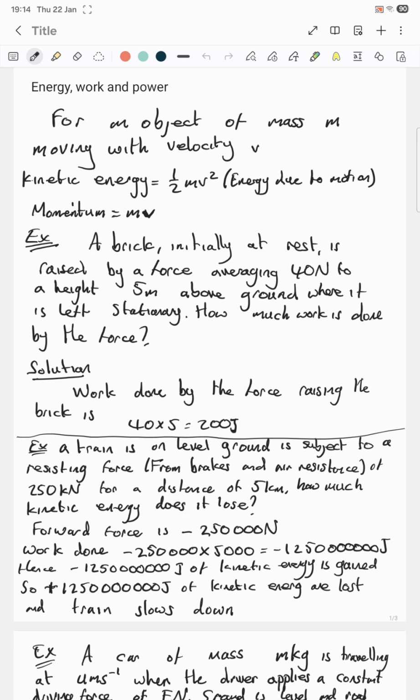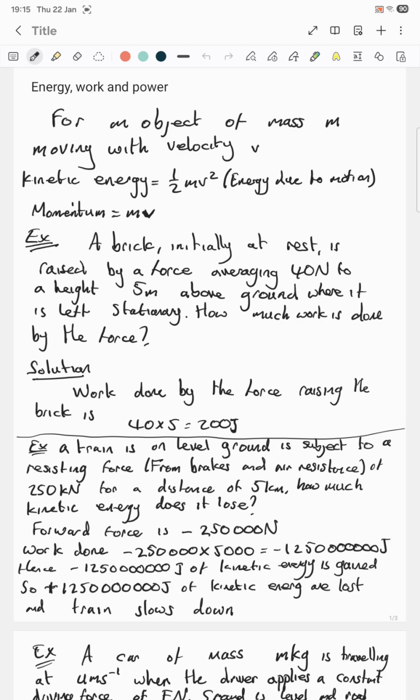And another example: a train is on level ground and subject to a resisting force from the brakes and air resistance of 250 kilonewtons for a distance of 5 kilometers. How much kinetic energy does it lose? Well, forward force equals minus 250,000 newtons.